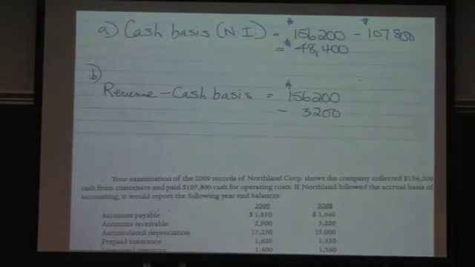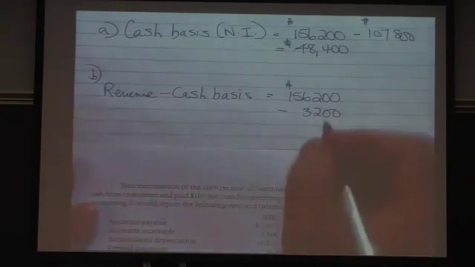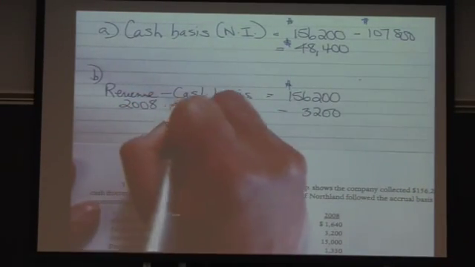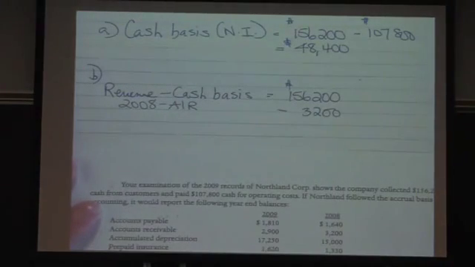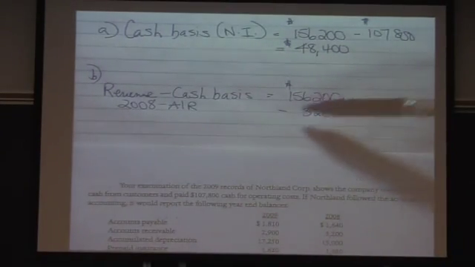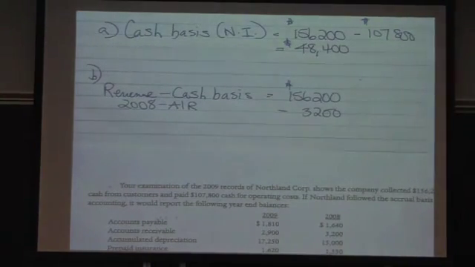because remember, we're trying to convert the cash basis of revenue to the accrual basis of revenue. So here we're going to deduct 2008 accounts receivable. I'm going to short form that as AR, ending balance. We're going to subtract it from the 156 because presumably it's part of this number, but it was already earned in 2008.